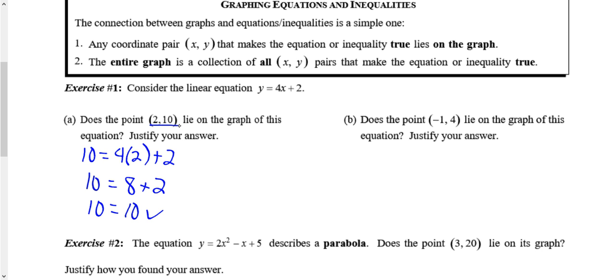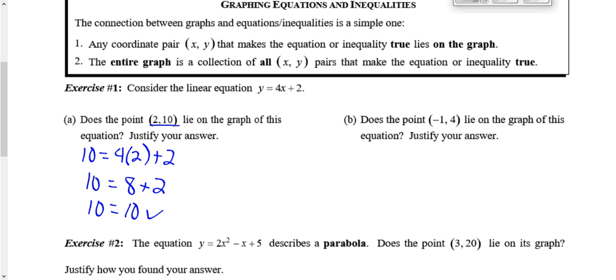What about part B? Why don't you plug in on your own right now the point (-1, 4) and tell me if it is a solution to that equation. Everyone's doing that on their own. Is (-1, 4) a solution?